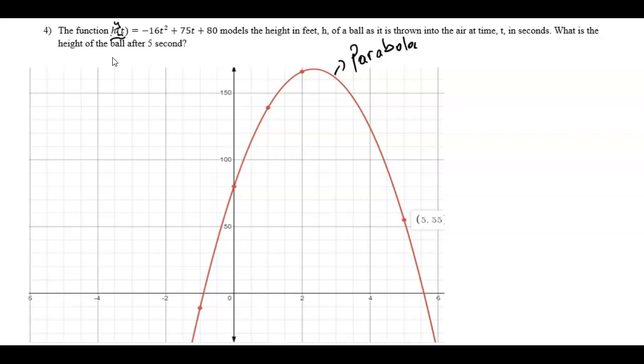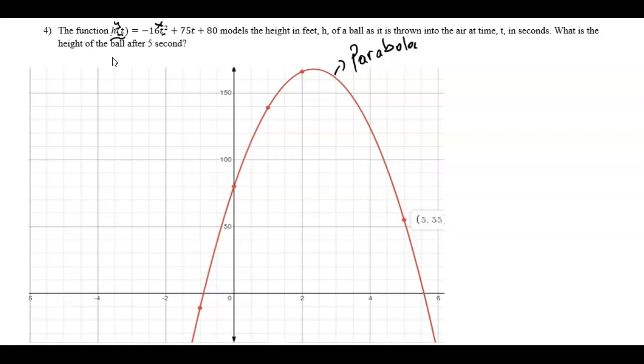The x value, the x axis, is the independent variable. X is always the independent variable. So our t value, the time, will be here, and the y value, which is the height of the ball, will be right here.